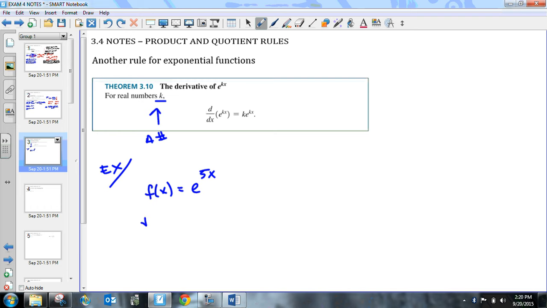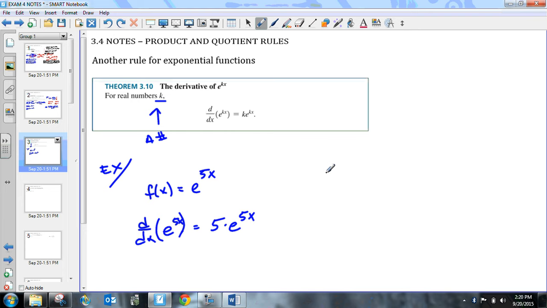If I take the derivative with respect to x of e to the 5x, I drop down my coefficient, which is this 5, and multiply by e to the 5x. Not a k, it's an x. So pretty standard: whatever that coefficient is, you bring it down and multiply it out front.